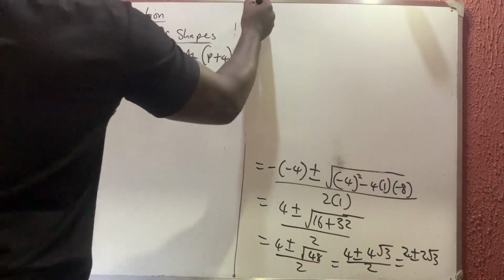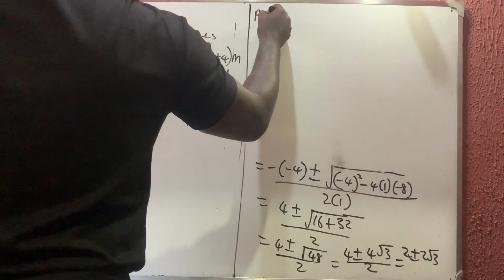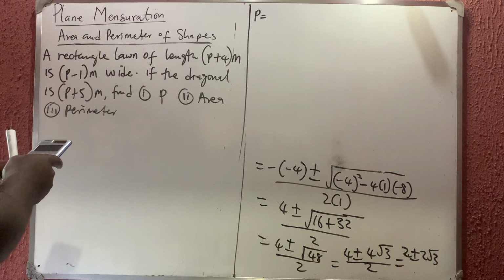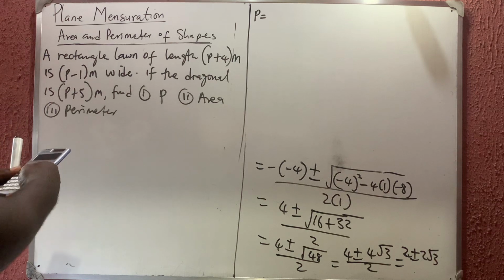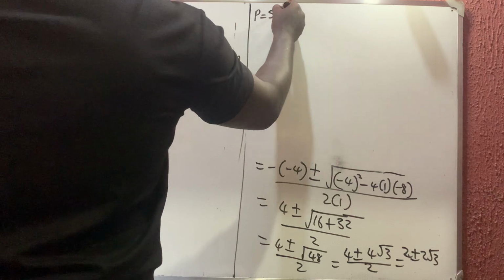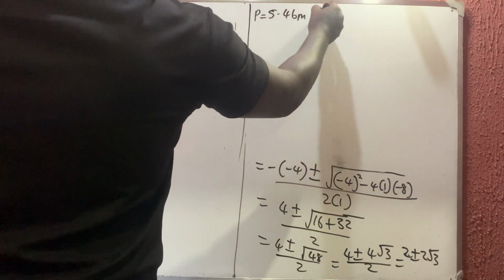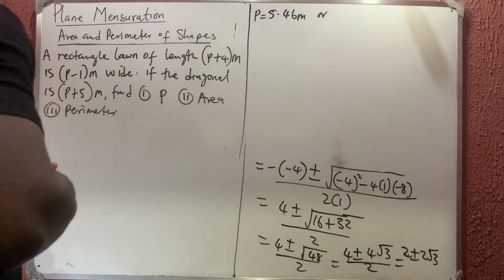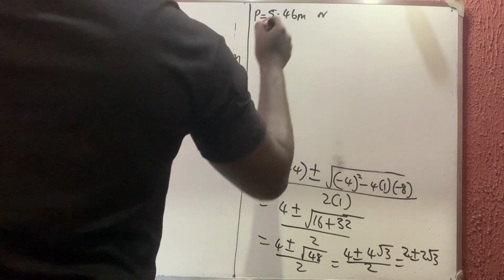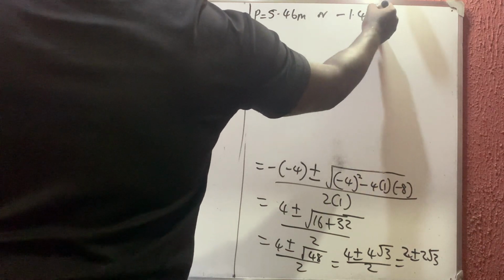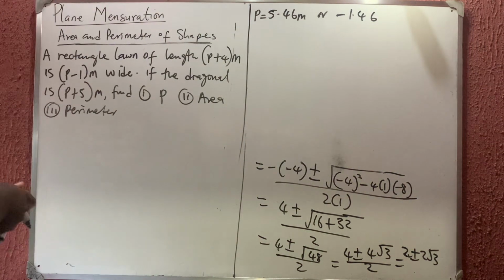So obviously our p is equal to, let's do that, 2 plus 2 root 3 to give us 5.46 meters, or 2 minus 2 root 3, that is minus 1.46.